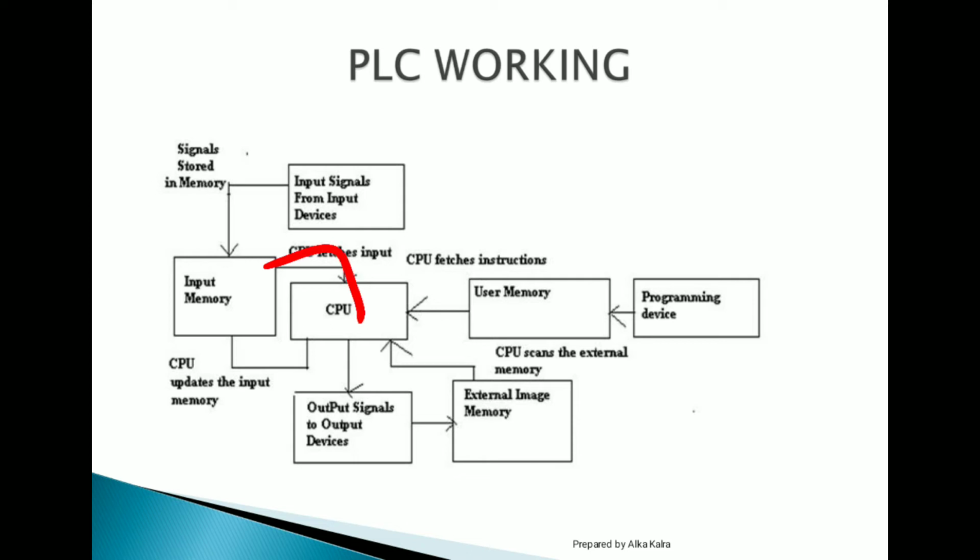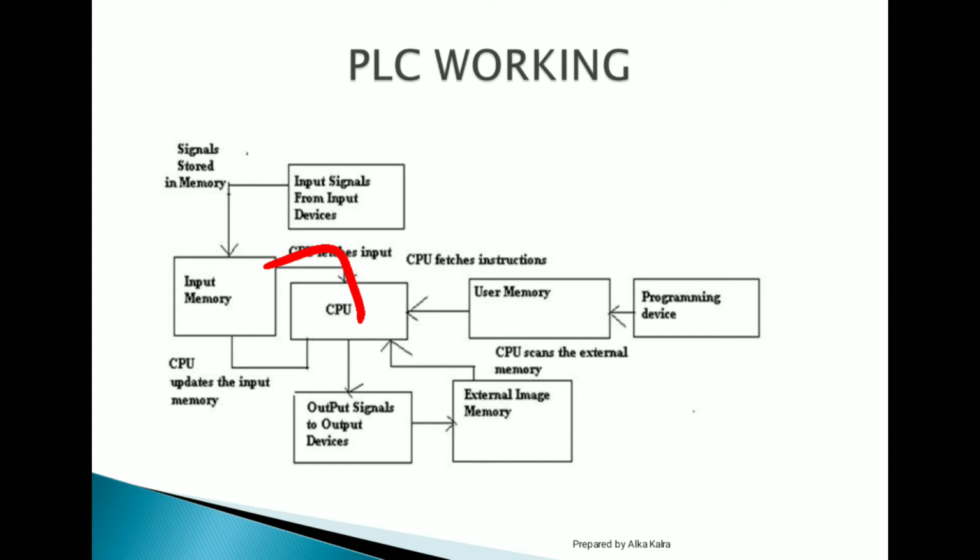All the operation or programming part is done in CPU. CPU fetches the instructions, means it reads the instruction, it performs the work that is given by the user or the programmer. It executes the instructions, it works on the input signals that it has read from the input memory, and according to user instructions it executes the program and produces output.